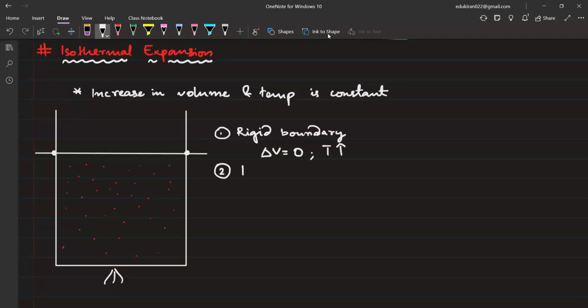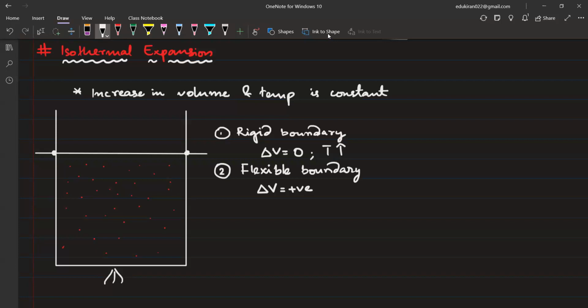Second point, please write: if you have a flexible boundary, what will happen if there is some volume change? Volume is positive, delta V is positive, that means the volume is increasing.